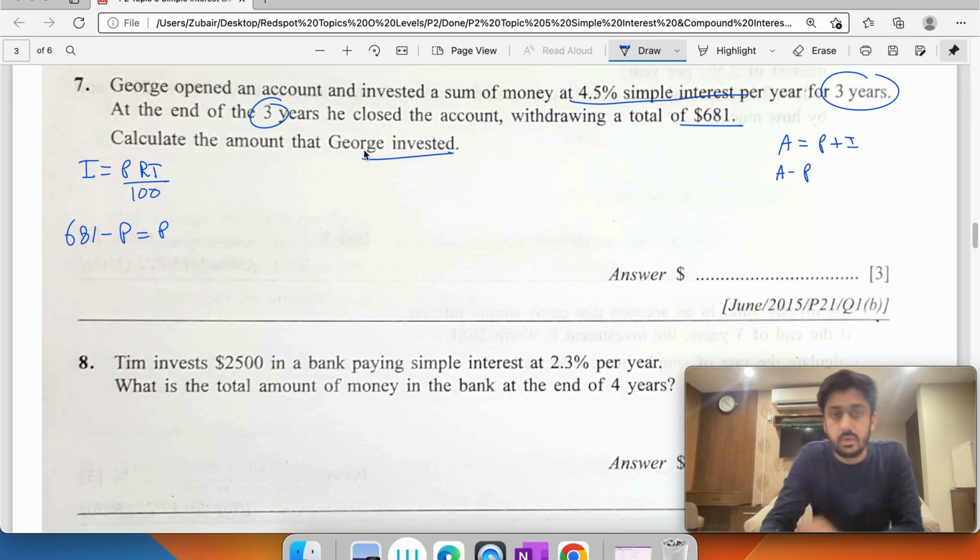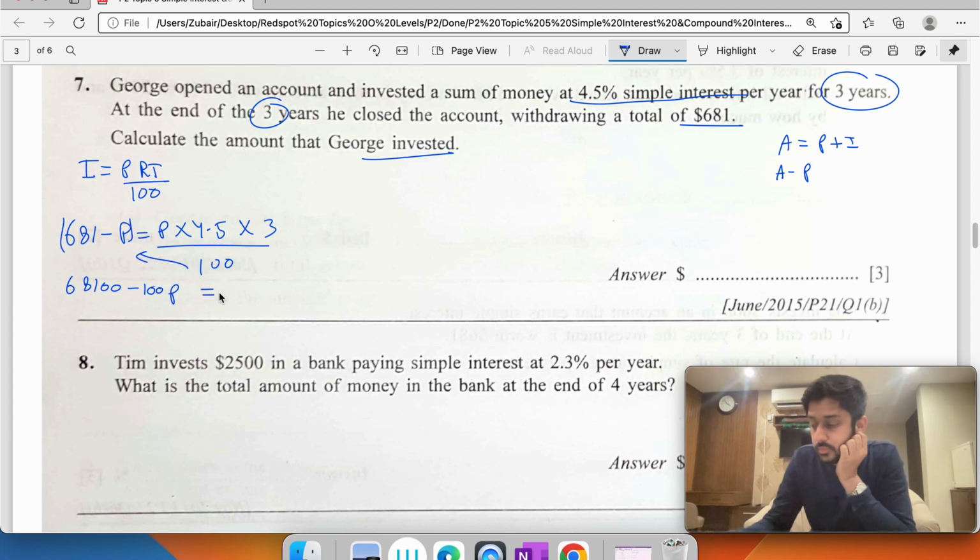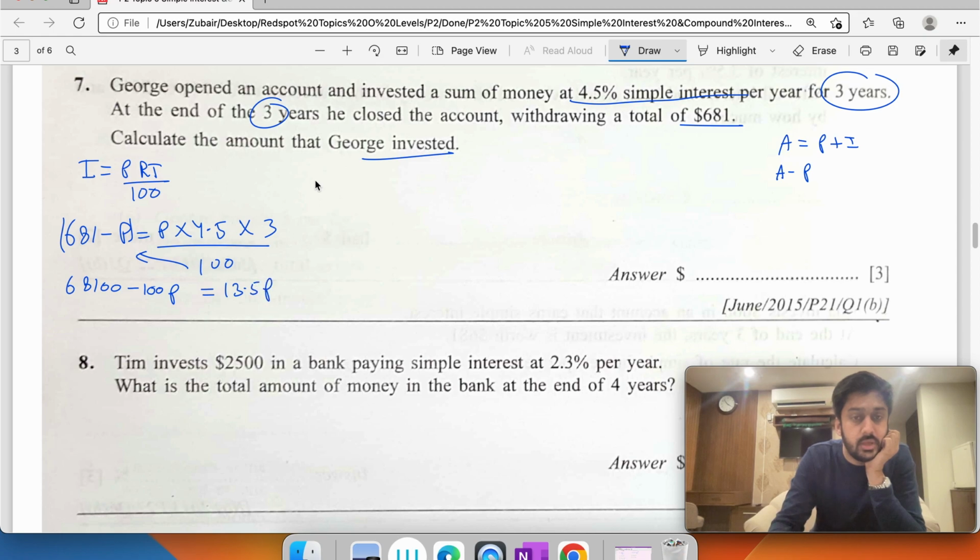So principal, and rate is 4.5%. Time is 3 years, over 100. So 68100 minus 100p, cross multiplied, is equal to 4.5 times 3, which is 13.5p.